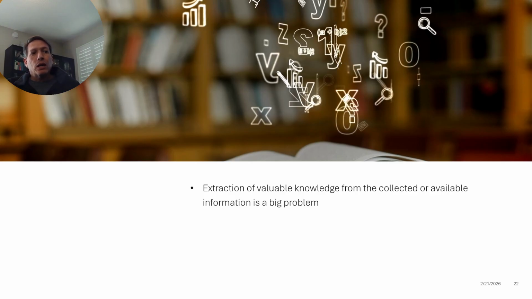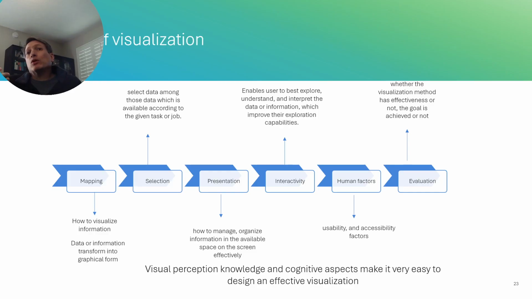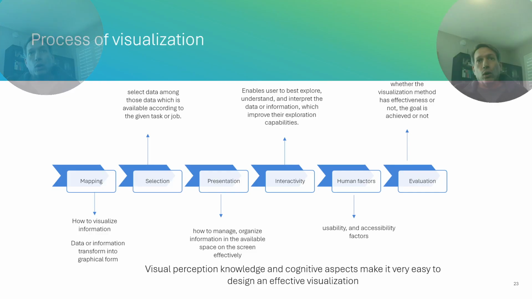For that, there is a proposed process or approach where we want to map the data. Basically we take that data and transform it into a graphical representation. And we are going to be exploring some of those representations and how we do that.